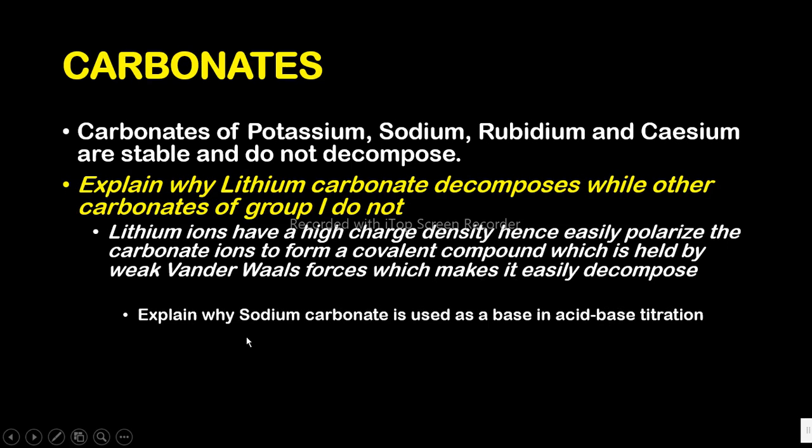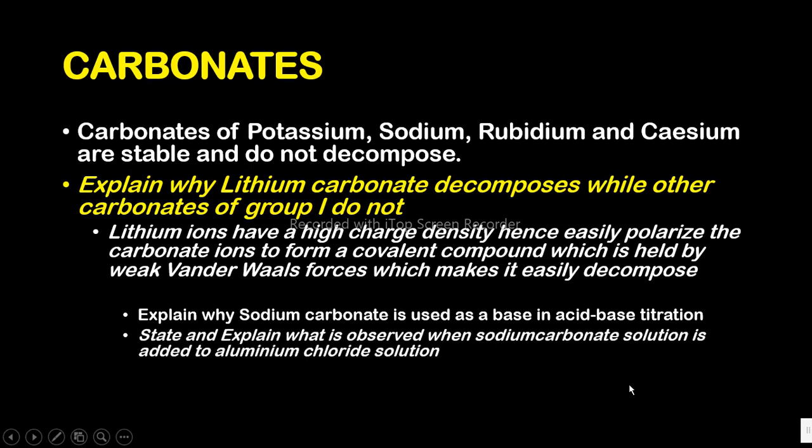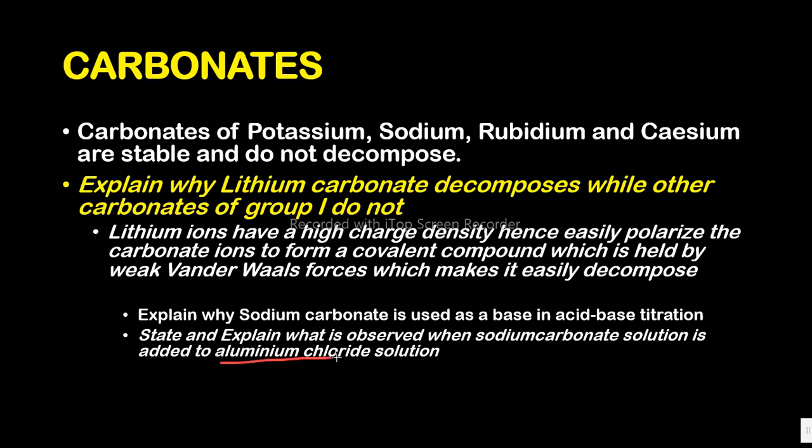Why is sodium carbonate used as a base in acidic titration? Because it is stable. And then state and explain what is observed when sodium carbonate solution is added to aluminium chloride. I shall not answer this now, but we shall find it down when we are studying beryllium.